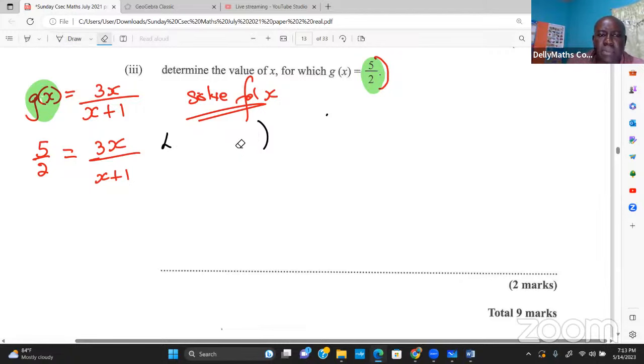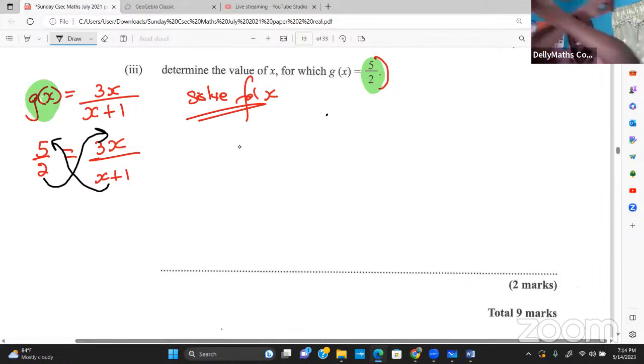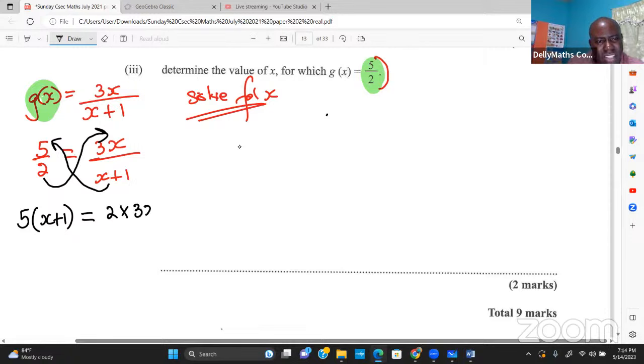Let me just remind you, because it's very good. You multiply this times that, and it's going to equal this one times that over there, like the cross of the hand. So we're talking about 5 times x plus 1 is equal to 2 times 3x. You can do that when you have just 2 fractions.